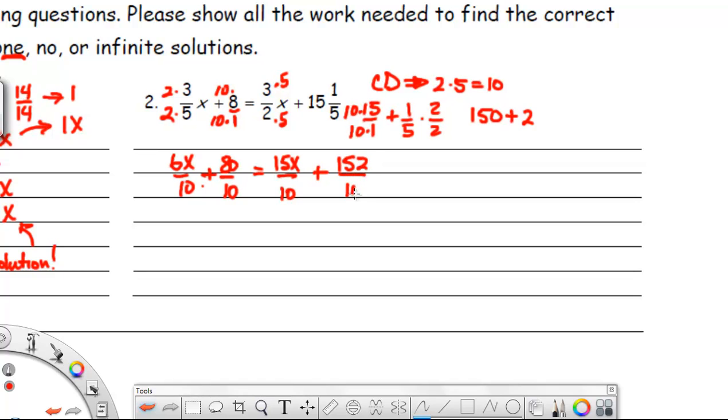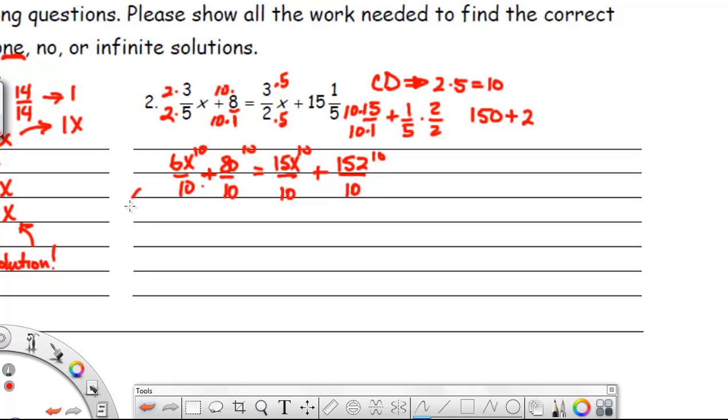Now that the bottoms all have 10, we could take an extra step by multiplying everything by 10 and clearing the denominators. See, if I multiply that one by 10, that one by 10, that one by 10, and that one by 10, distribute the 10. 10 over 10 is 1. These 10s would cancel, these 10s would cancel to 1 and be gone, and so forth.